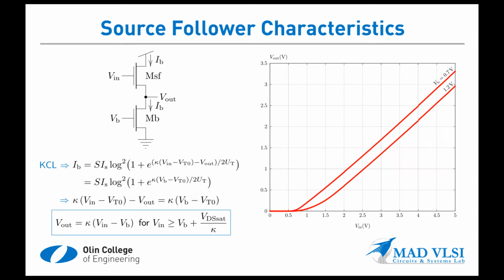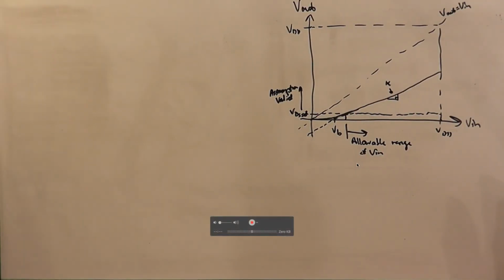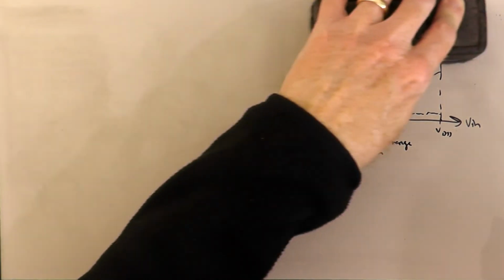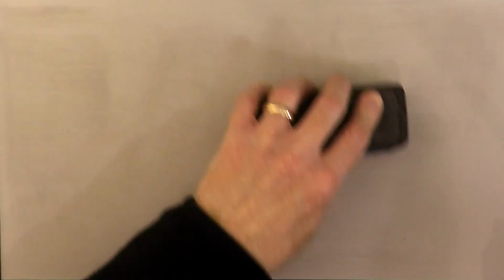Now I did briefly want to mention something about the PMOS version of this circuit, and rather than sort of rederiving everything from scratch, I want to show you a way of mapping NMOS results into PMOS results.